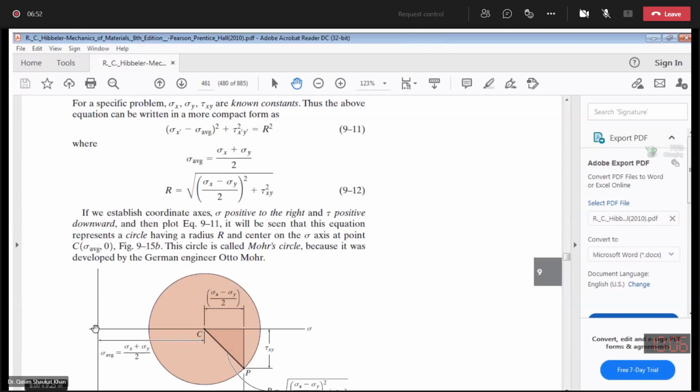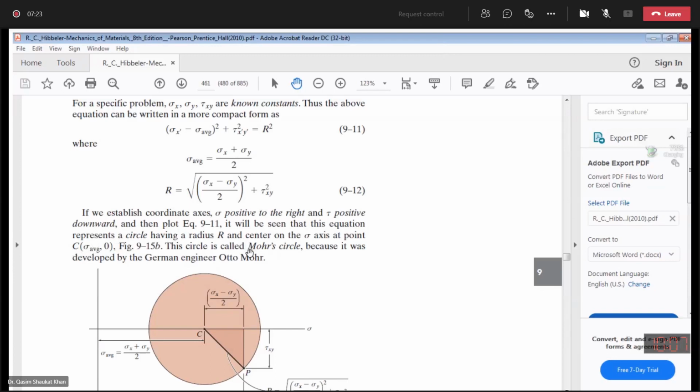The origin of the axes is this one, 0, 0. There can be a possibility that your center lies over the origin, but in general these are two different points. The center on the normal stress axis at point C has the coordinates average normal stress and 0 shear stress.